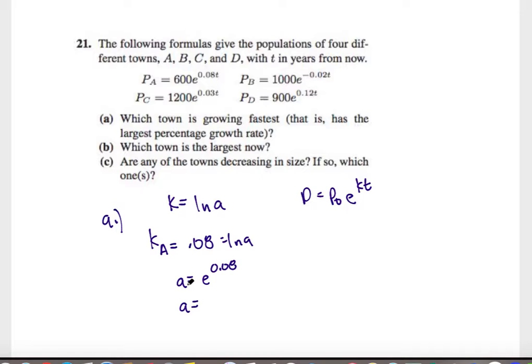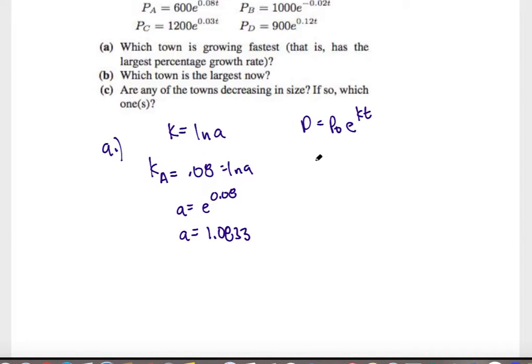So that's e to the 0.08, which is 1.0833. And we'll do the same thing for the others. So we have kB equal to negative 0.02, which is equal to ln of a. Therefore, a equals e to the negative 0.02.